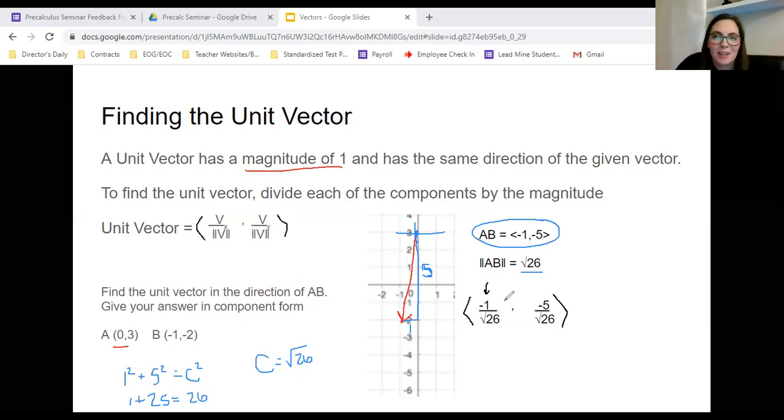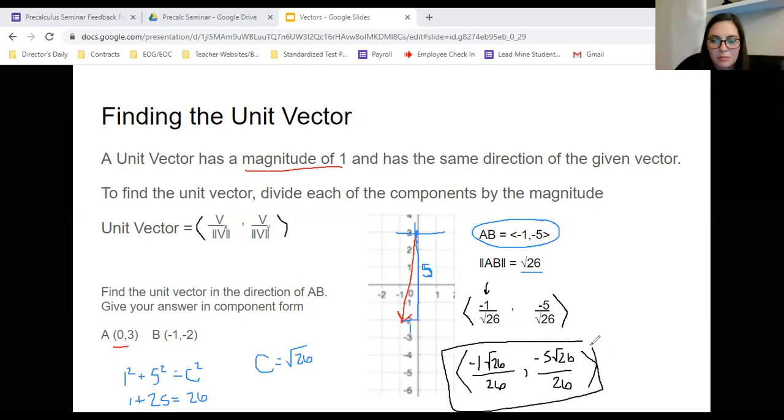It's not great because I've got a square root in the bottom, so I would want to rationalize that to get -1 root 26 over 26 and -5 root 26 over 26. So this would be the component form of my unit vector.